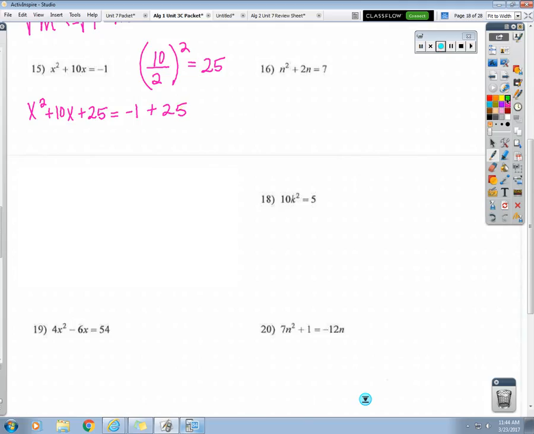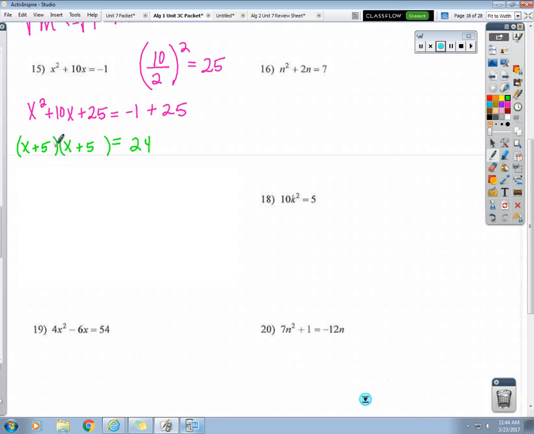Now what can I do on the left side? Right. You factor it by looking for numbers that multiply to 25 and add to 10. 5 and 5. And remember with complete the square, those always match. And on the right side, what's it become?